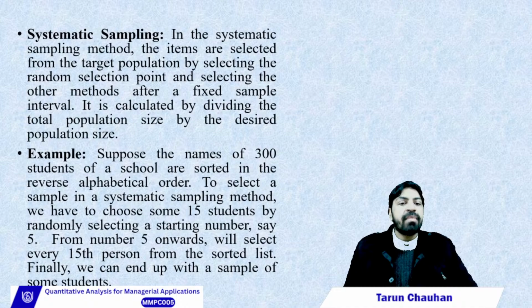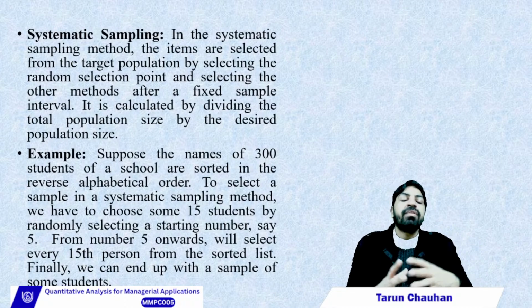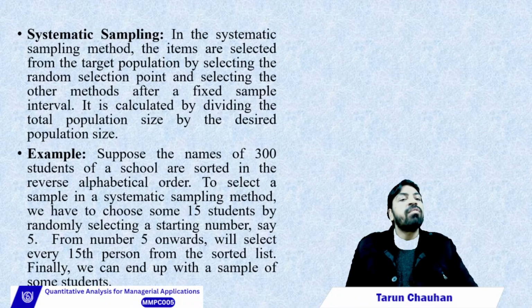As I told, if we choose 30 samples, then the 30 samples will be divided into a number of groups.